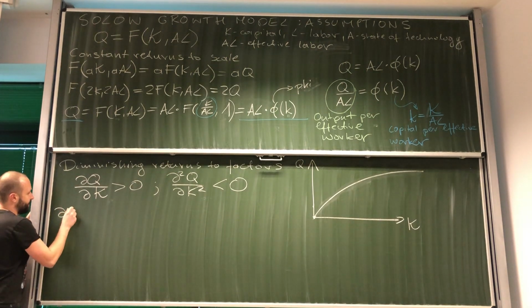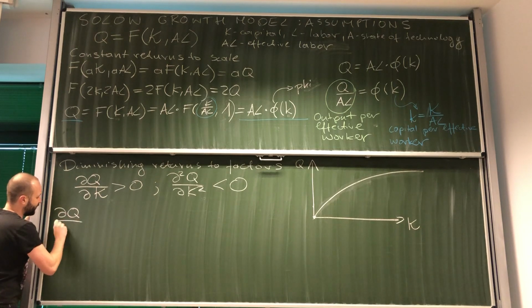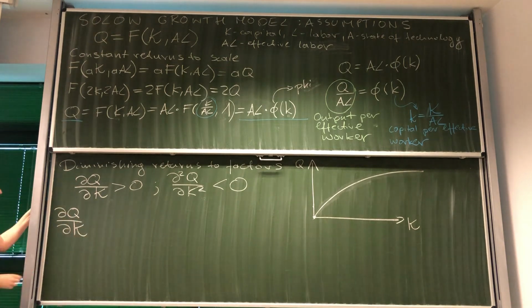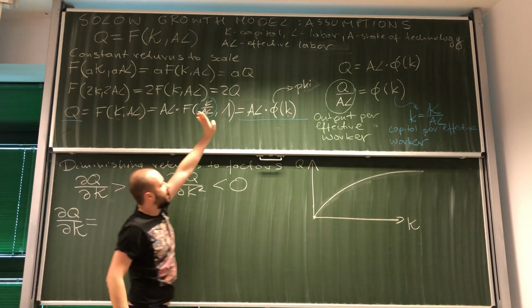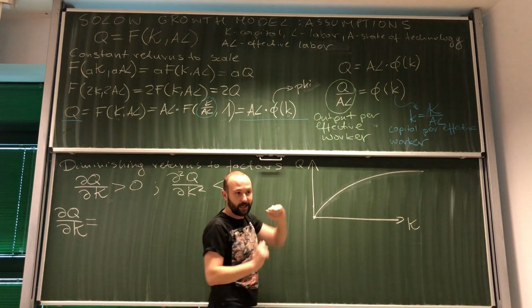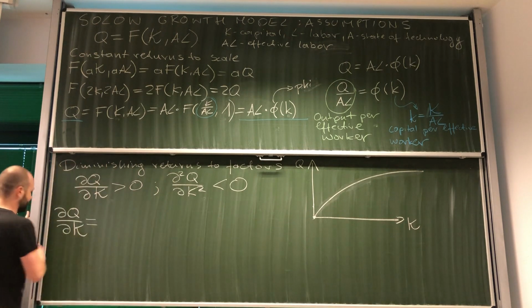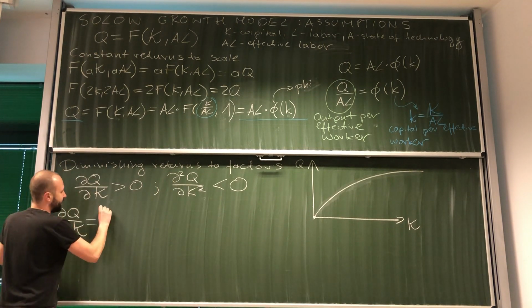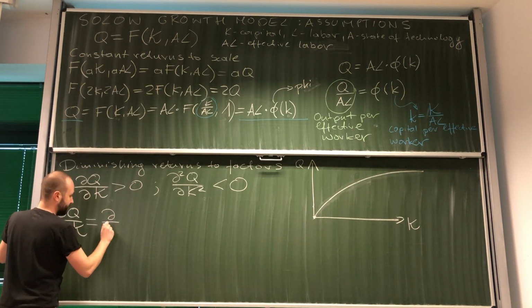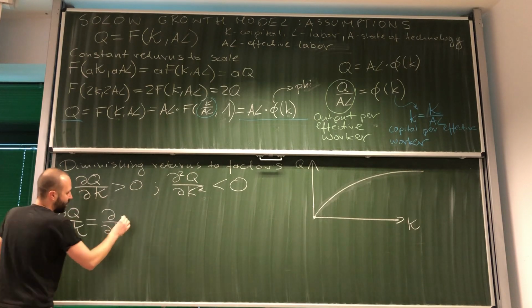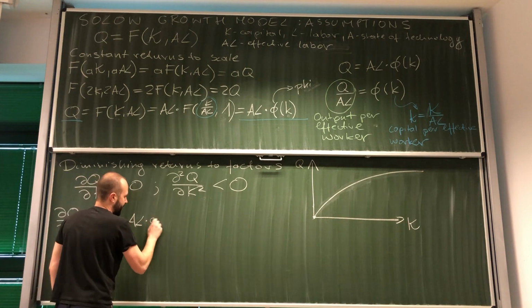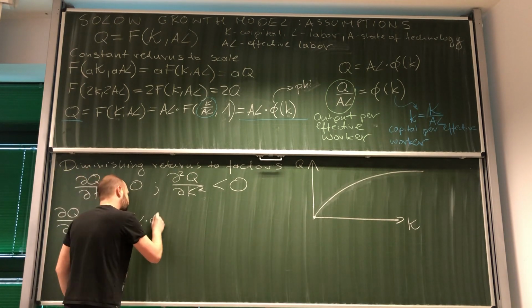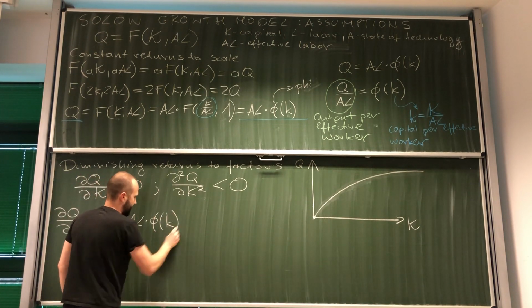So we've got the partial derivative of q with respect to capital. Look, this and this is exactly the same expression, so we get that this must be the derivative with respect to capital of AL times phi of k.